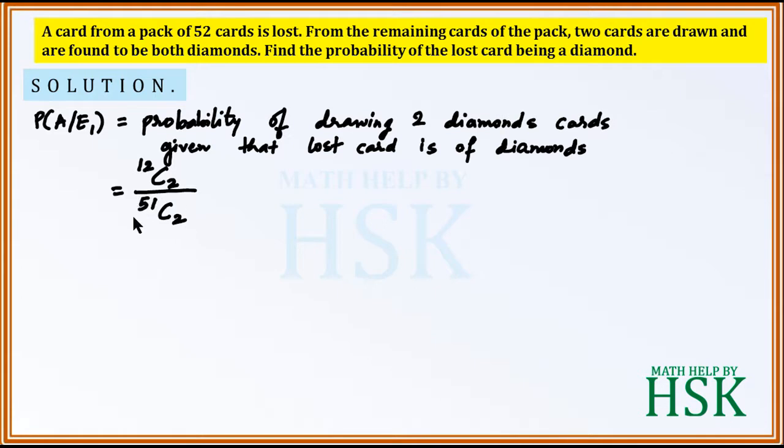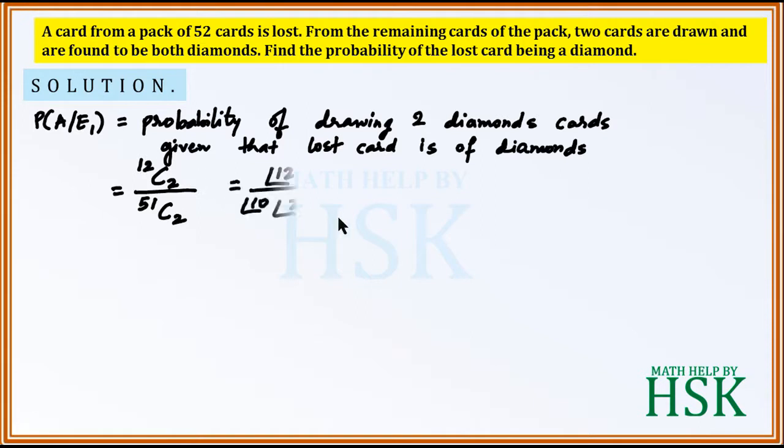51C2 is the total number of possible outcomes; it represents the total ways of selecting 2 cards out of the 51 cards. Because the lost card is a diamond, 12C2 means the number of ways of selecting 2 diamond cards, and these are the favorable outcomes.